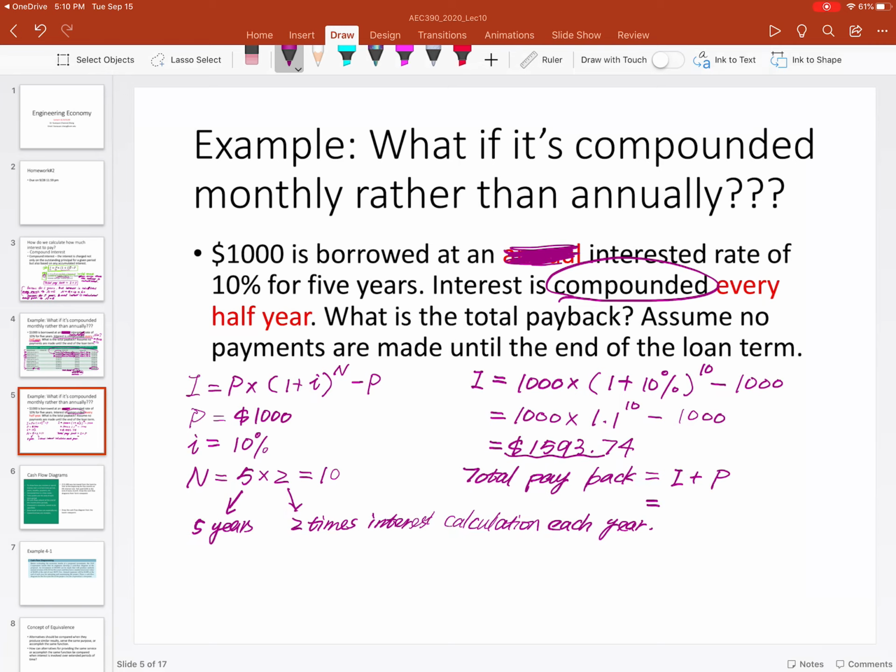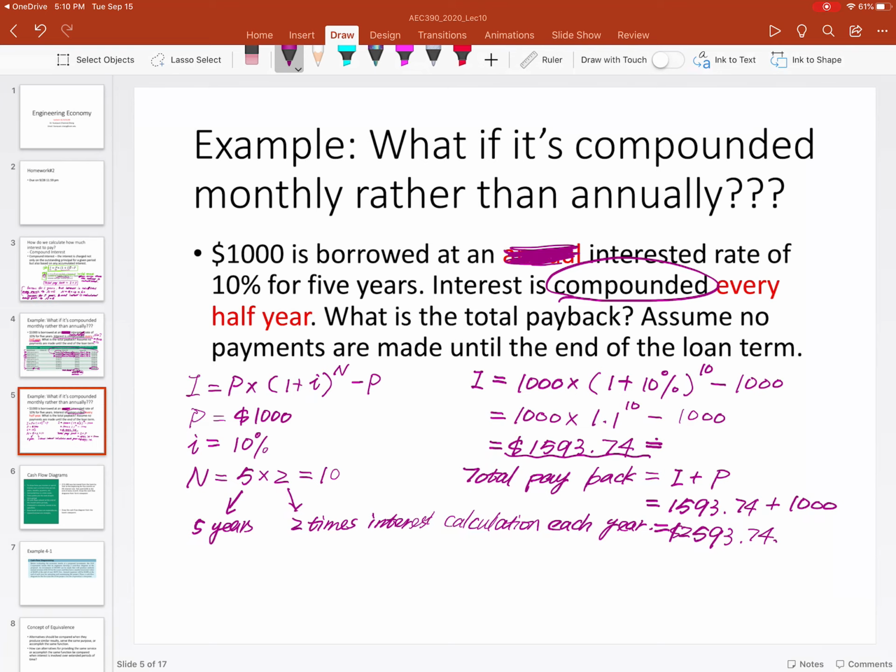So I is the number you just calculated, 1593.74, plus 1000. So it's going to be 2593.74 US dollars.